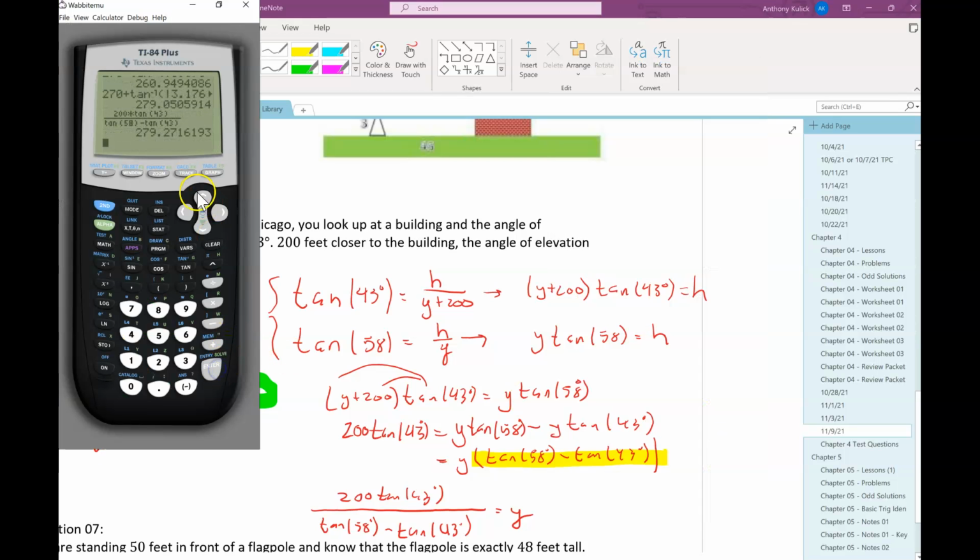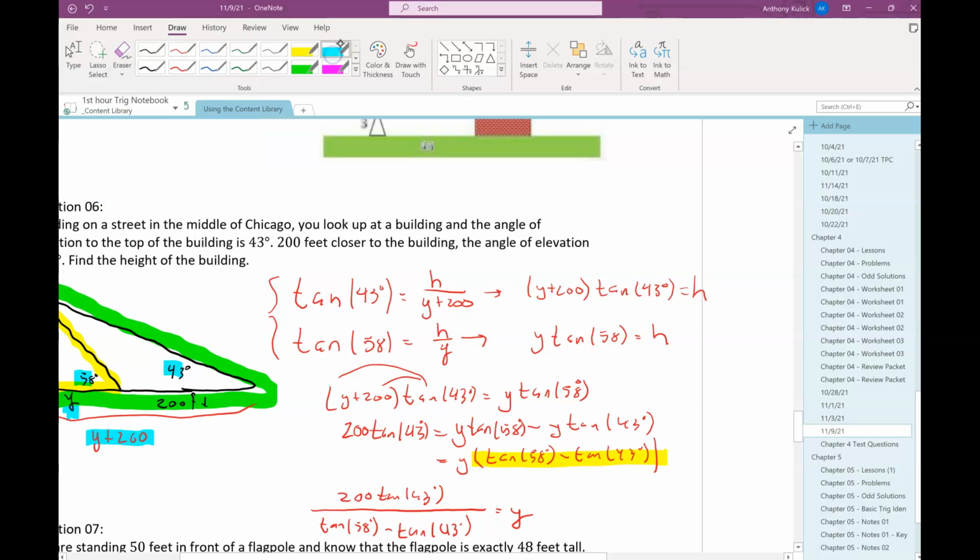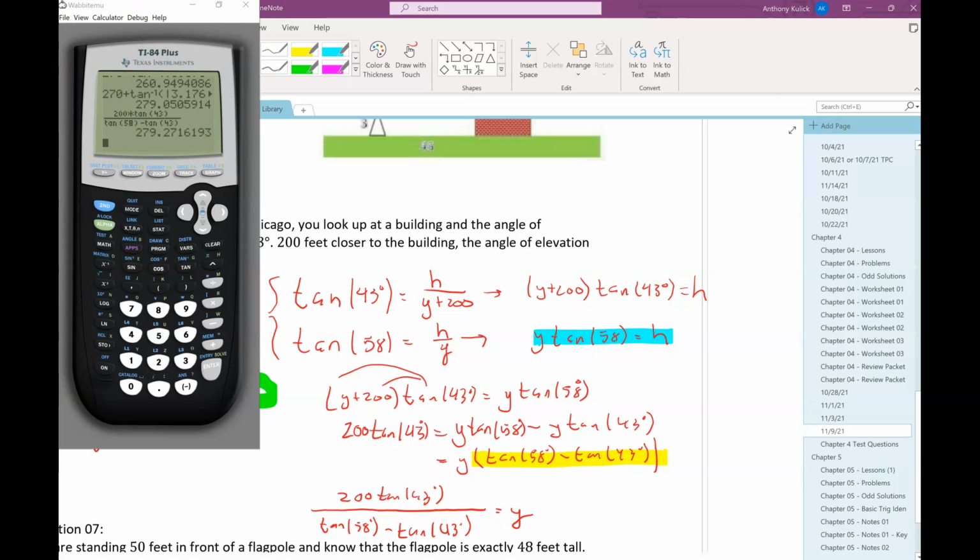So there's my y. To get my h, I know that h is equal to y times tan 58. So I'm just going to take that answer and multiply it by tan 58. And there's my height, 446.93.